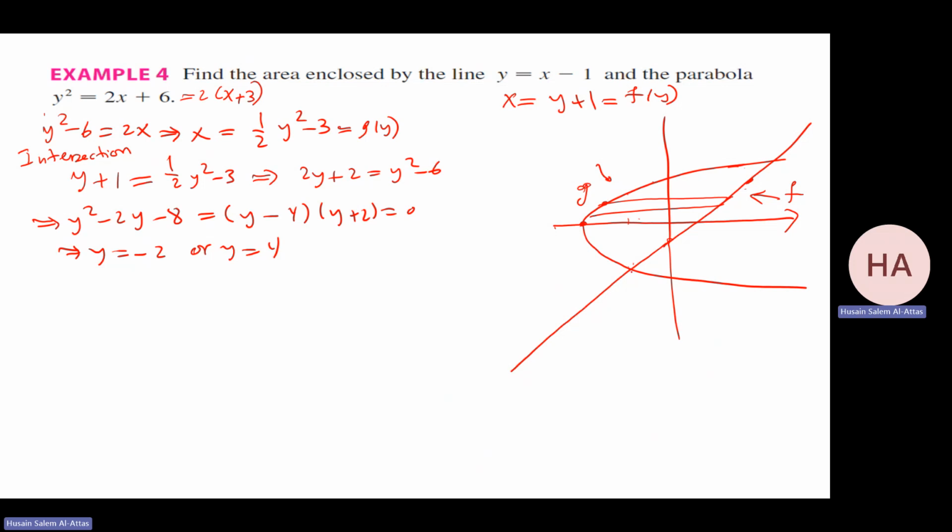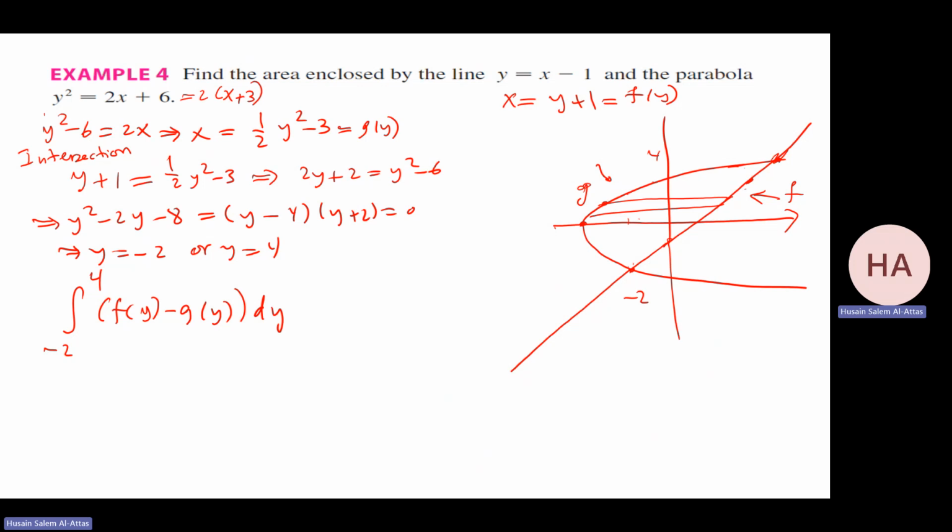So I have the integral from minus 2. This is the point where y equals minus 2, and this is the point where y equals 4. So I have the integral in terms of y now, from minus 2 to 4, and always I have f, which is the line, minus g, f of y minus g of y, dy.